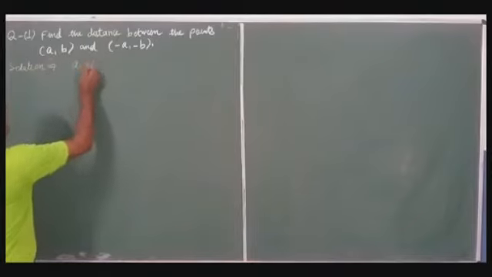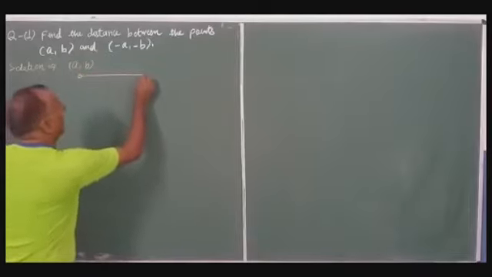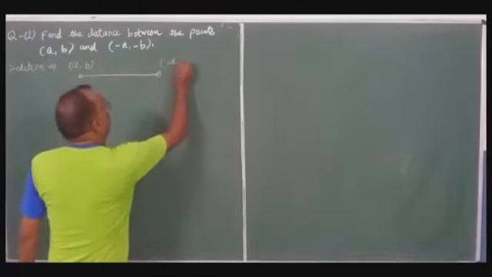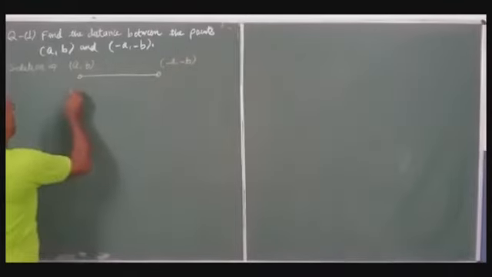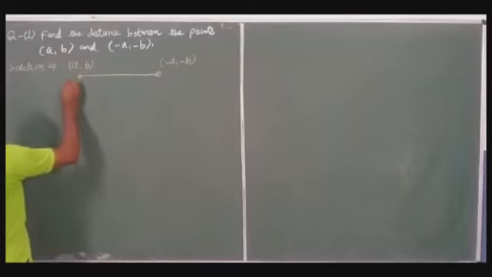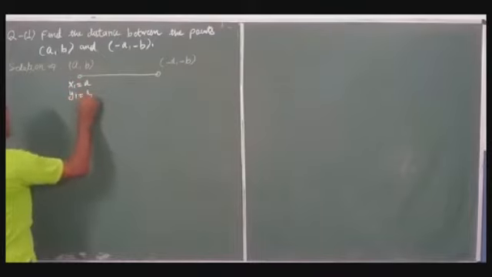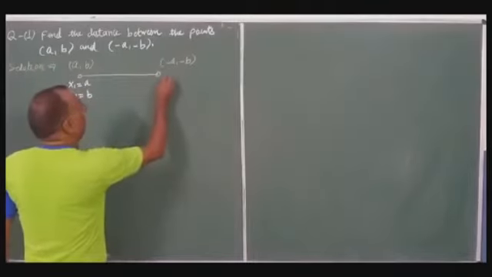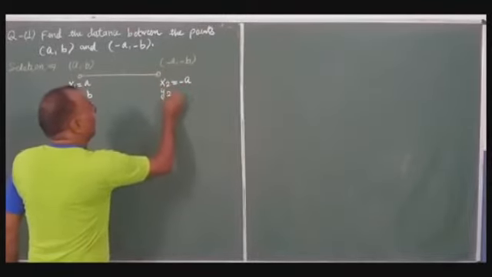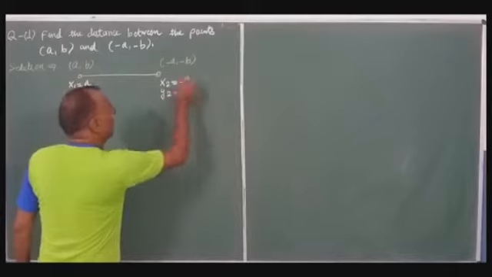A comma B, this is the point, and this is the point minus A comma minus B. So what we can say, x1 is equal to a, y1 is equal to b, x2 is equal to minus a and y2 is equal to minus b.